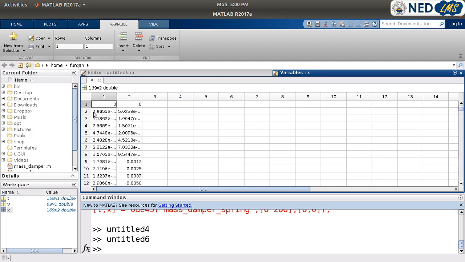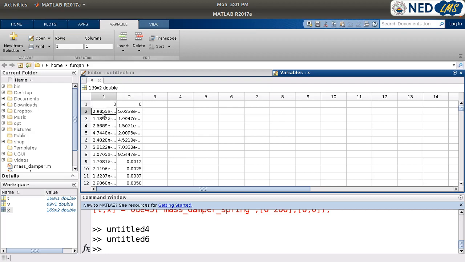The first column of this matrix represents values of x1, and the second column represents values of x2. If I want to access, for example, the value of this element, I can access it by giving the address 1 comma 1, which is first row and first column.